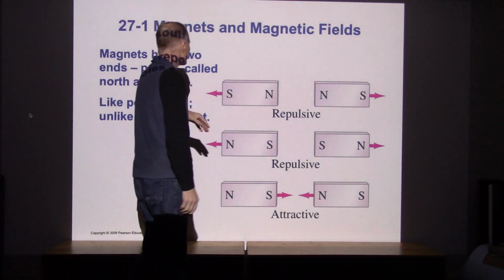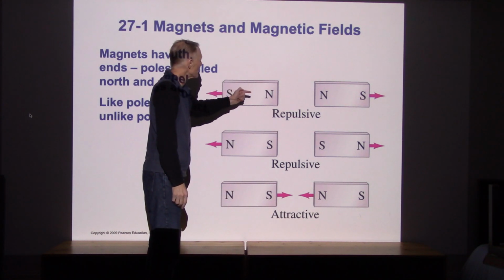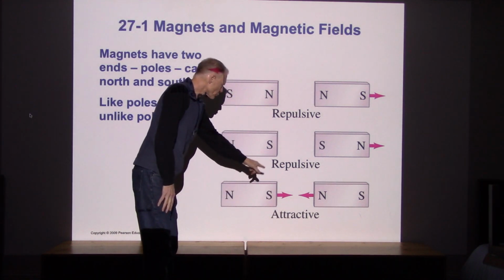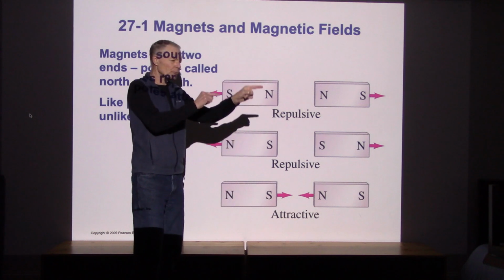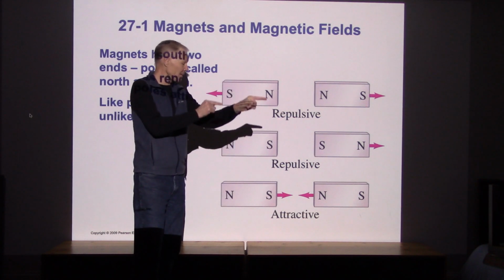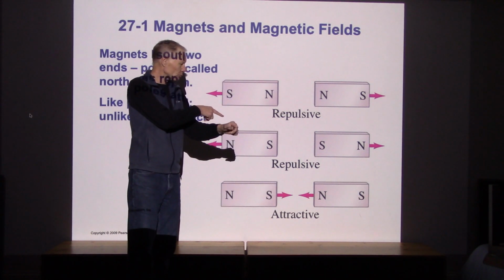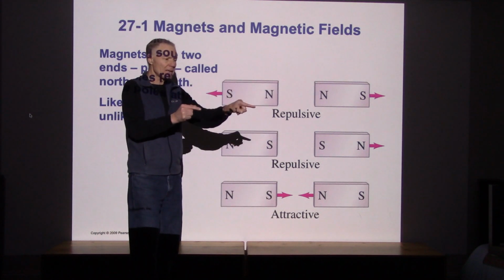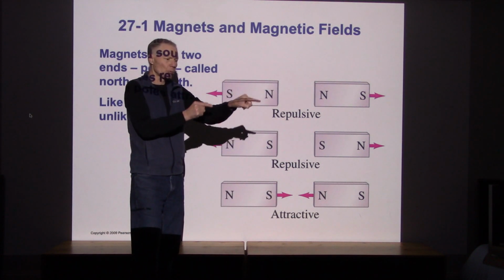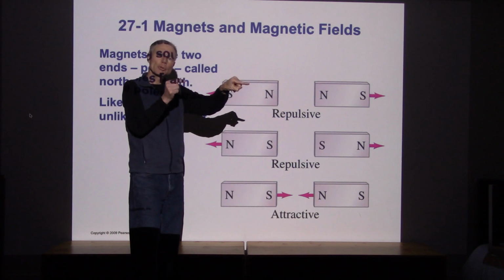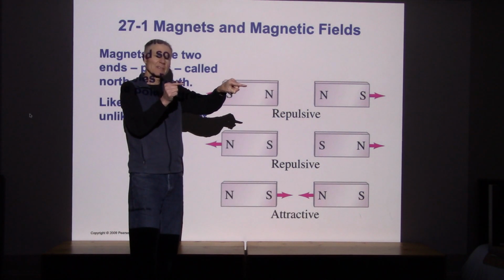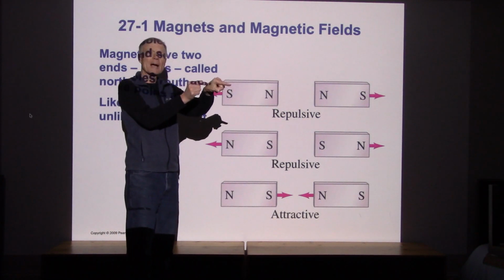So in the picture that we have right here, let's go down to the attractive case. What we find is that if we tend to have electrons in each of these objects whose spins line up in the same direction preferentially, two electrons spinning in the same direction attract each other.